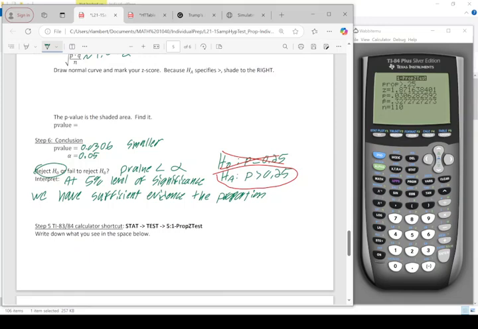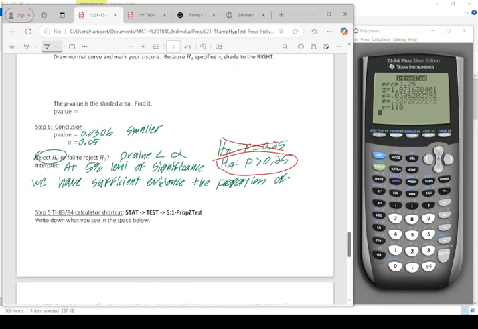So at the 5% level of significance, we have sufficient evidence that the proportion of Skycrest is more than 0.25 now. So higher than it was a year ago.